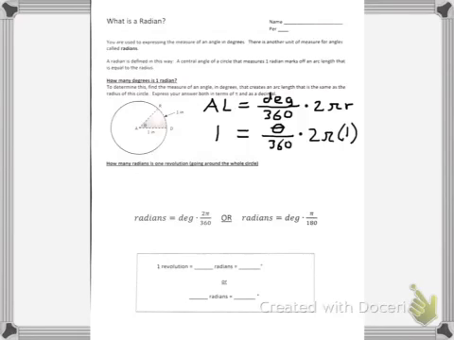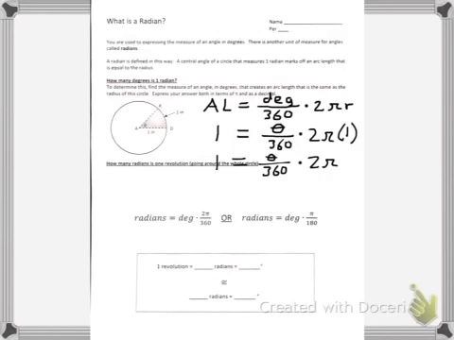When we clean this up a little bit, we have 1 equals theta over 360 times, really just 2 pi, because anything times 1 is just itself. Our next step would be to divide both sides by 2 pi.